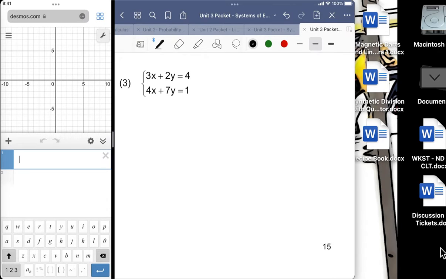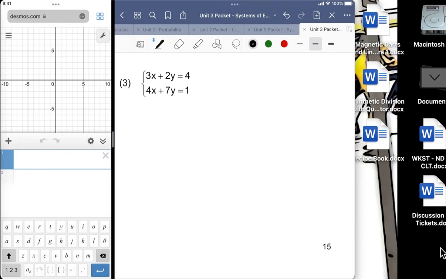But here you see a 3 and a 4 for the x's, and you see a 2 and a 7 for the y's, and you think, all right, I don't know, let's try to cancel the x's, I guess. They both look equally unpleasant.